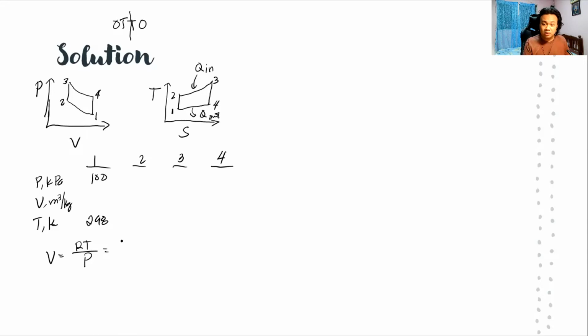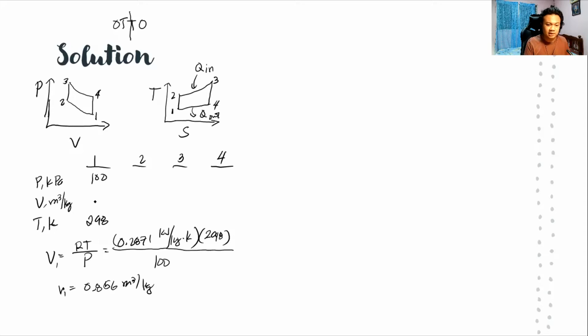So the R that we will be using here is 0.2871 kilojoules per kilogram per K. Okay, so that's the value of R that we will be using, and then we multiply that by 298 temperature and divide that by the pressure, and then you can get your V1 equal to 0.856 cubic meters per kilogram.